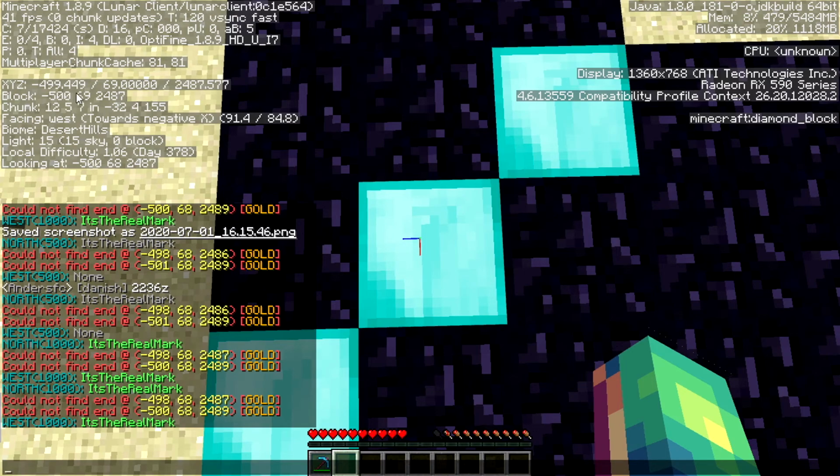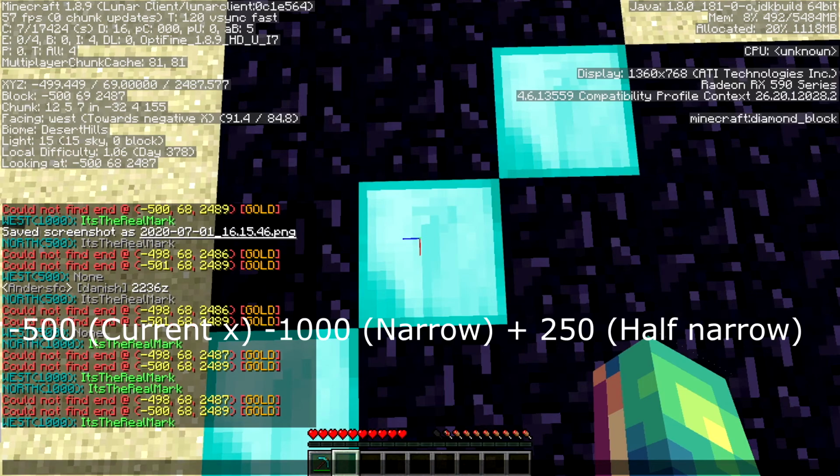In theory, you should actually take the bracketed coordinate, neg 500, so I'll just do that. So neg 500, I'm going to say neg 500 minus 1000 because it was west, it was going down.